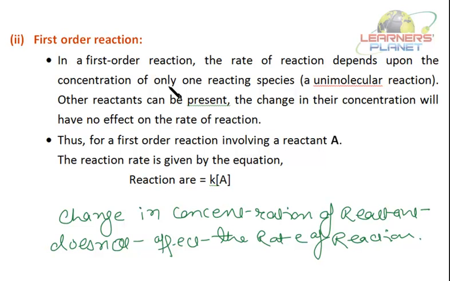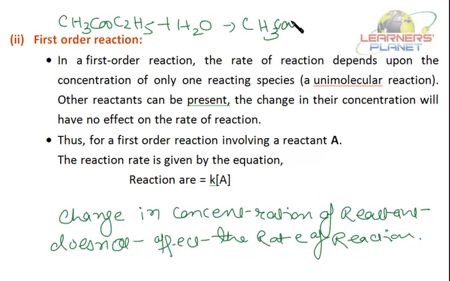Like I had given you the hydrolysis of esters. CH3COOC2H5, this is an ester. It is hydrolyzed, forming acetic acid, CH3COOH, plus ethyl alcohol, C2H5OH.